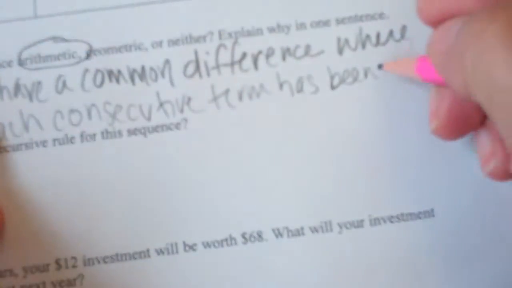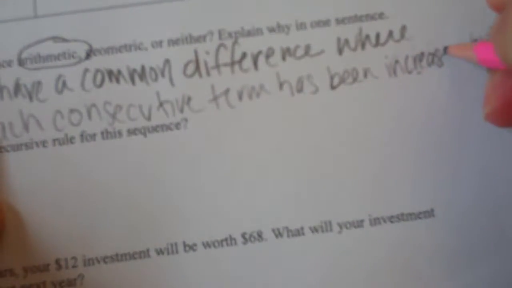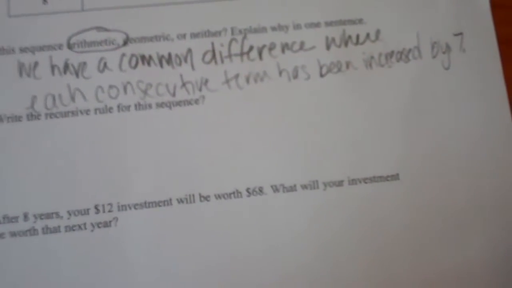Let's write that. Increased by 7. That looks a little bit better. We have a common difference where each consecutive term has been increased by 7.